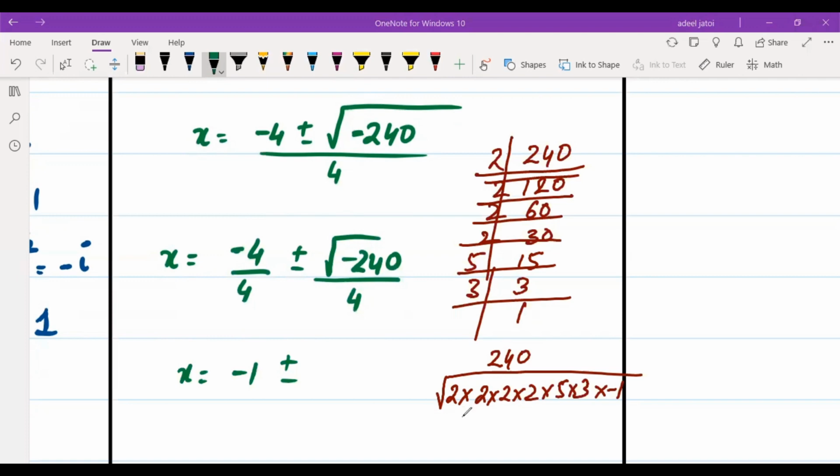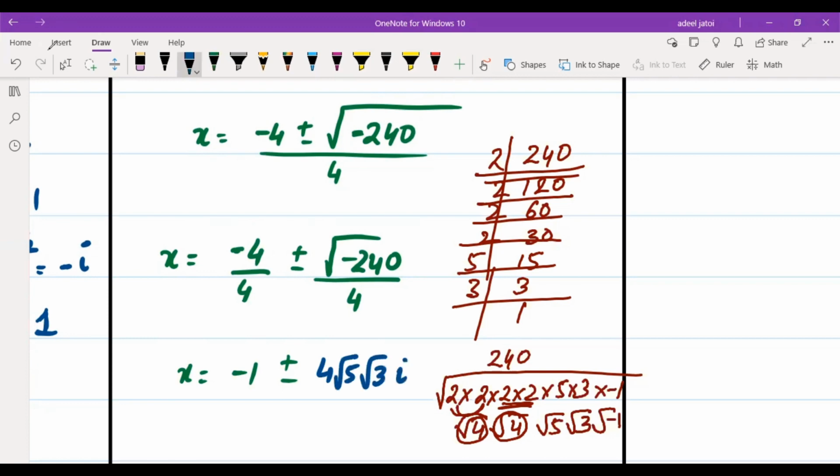So under root 4, under root 4, under root 5, under root 3, under root negative 1. Under root 4 is 2, under root 4 is 2, 2 twos are 4. So the end result is 4 under root 5 under root 3 iota upon 4, which means 4 and 4 are cancelled out.